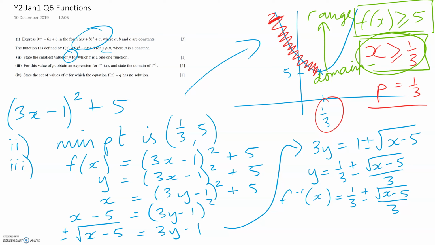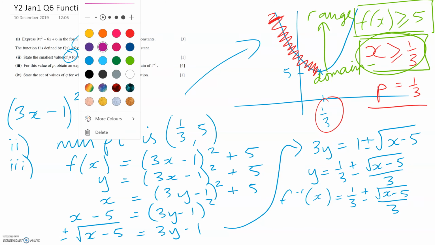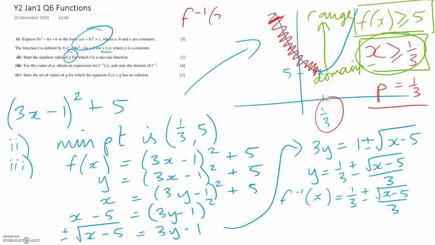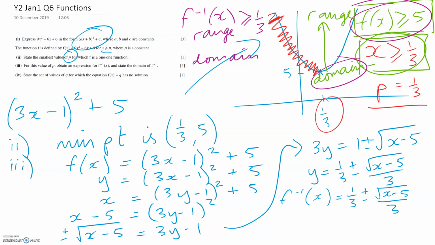So it might be helpful to write this over here, that for our inverse function, the range is the same as the domain of the original function. So the range of our inverse function is going to be greater than or equal to 1/3, and the domain of our inverse function is going to be the same as the range of the original function. In other words, x is greater than or equal to 5.